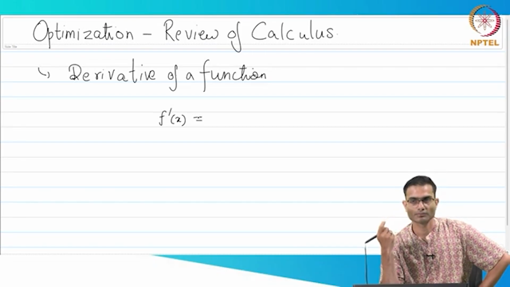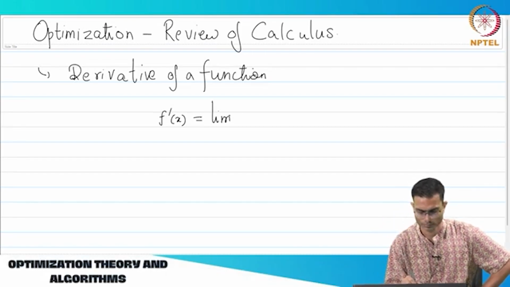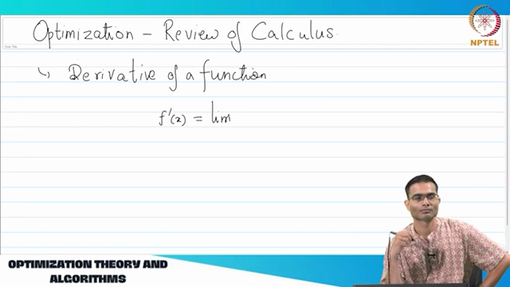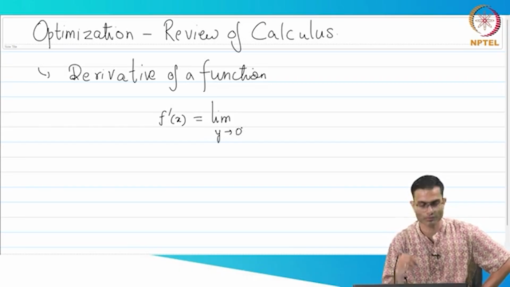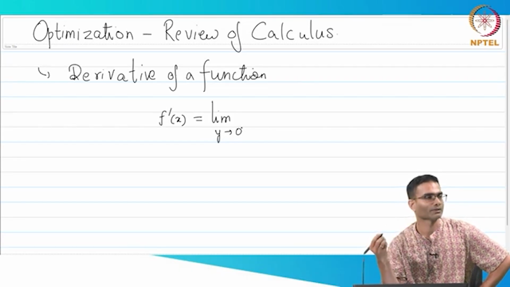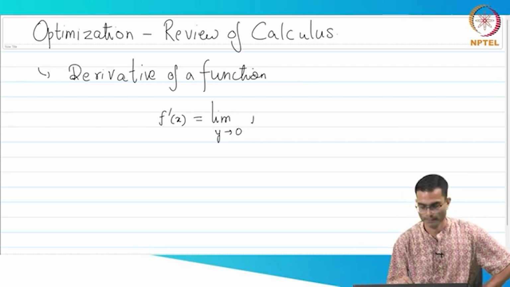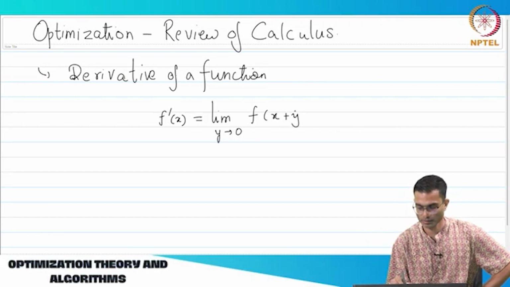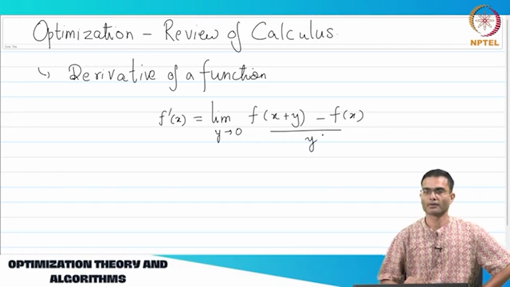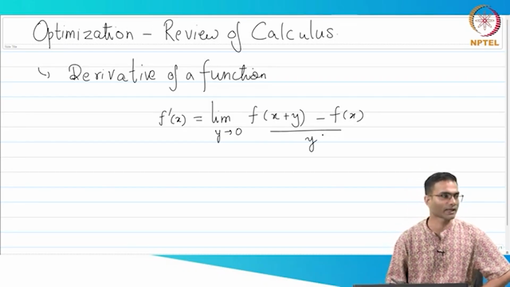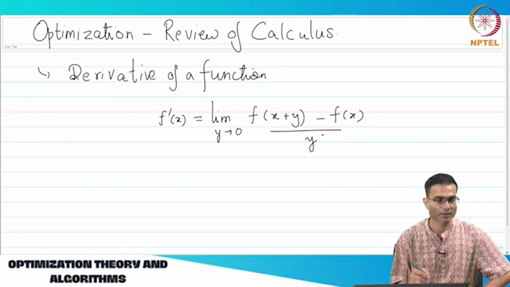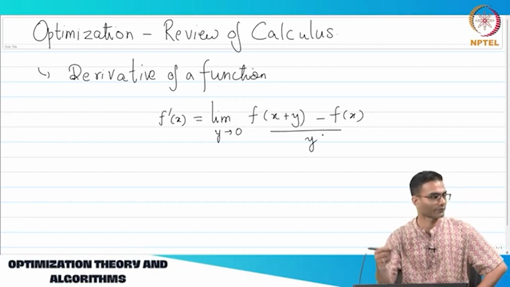Limit, let's just call it del y tends to 0, of f of x plus y minus f of x divided by y, right? Will this limit always exist? No. If the function is differentiable, then it exists, and when it exists, we give this limit a special name. We call it the derivative, right?